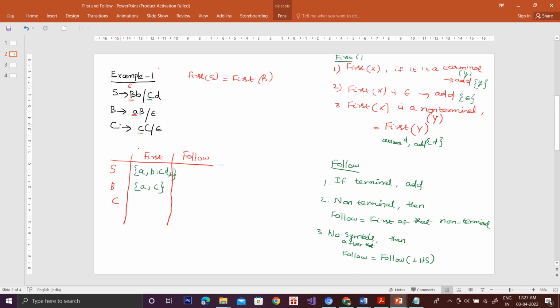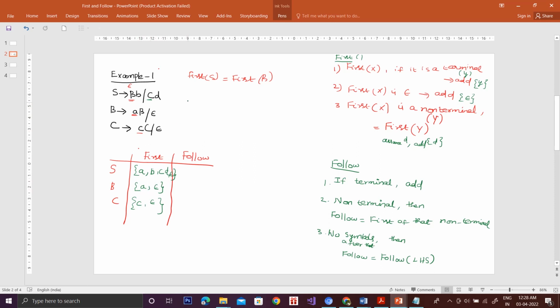Similarly now we are going to find first of C. First of C is small c comma epsilon. This is what is added here, because first of S is capital B, so we find first of B. Similarly, in this case it is first of C, so we have added this.